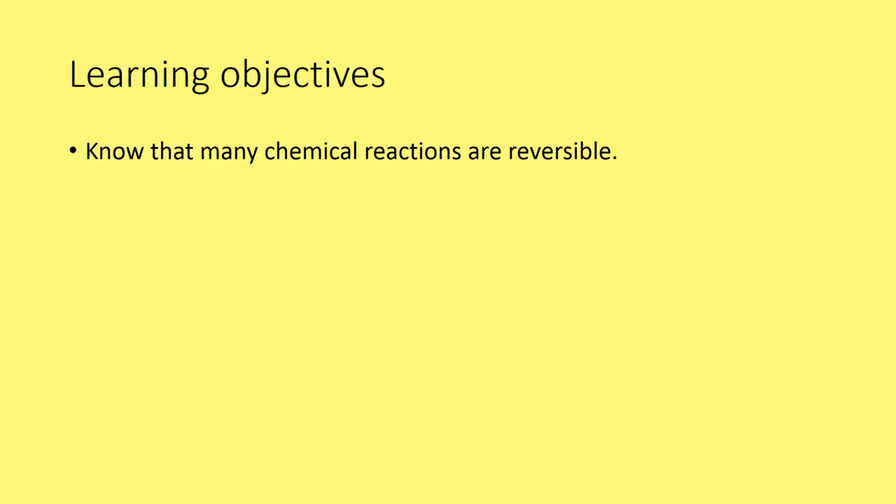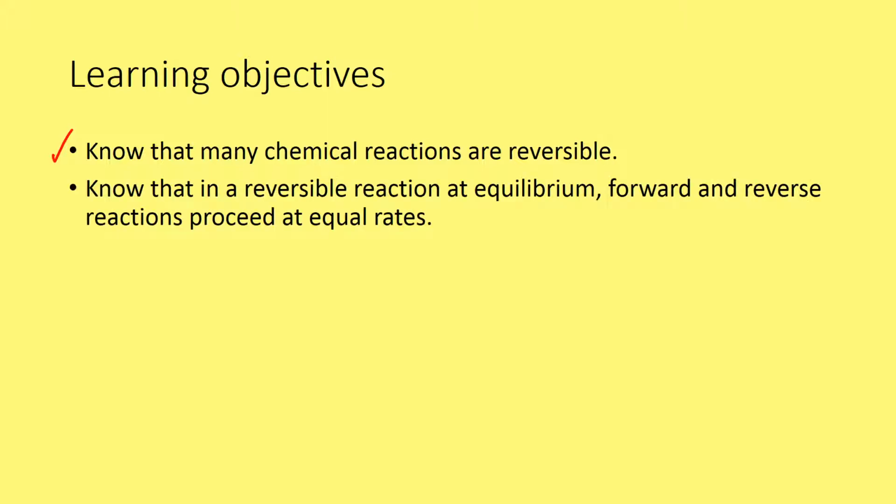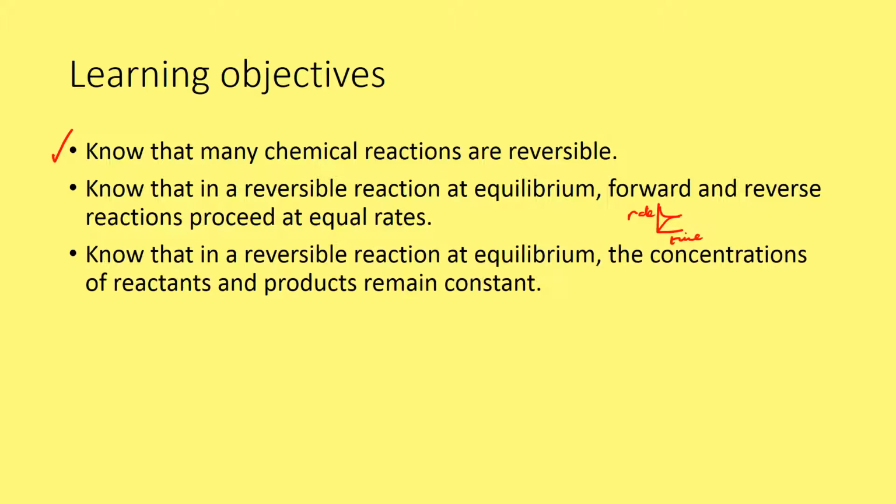So the first learning objective was, do we know that many chemical reactions are reversible? Well, hopefully we do. And so next, do we know that in a reversible reaction at equilibrium, the forward and reverse reactions proceed at equal rates? Well, I think we do, because we did that chart of rate against time for forward and backward reactions.